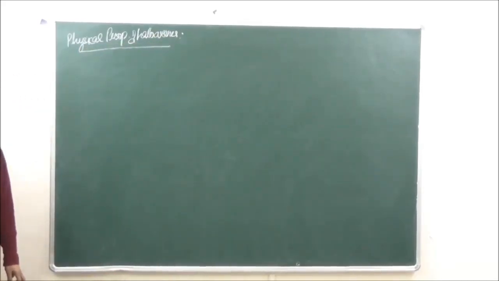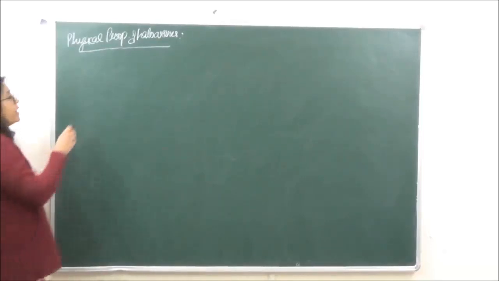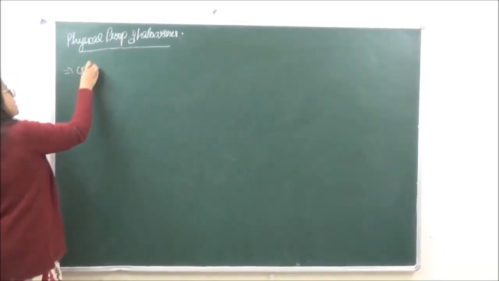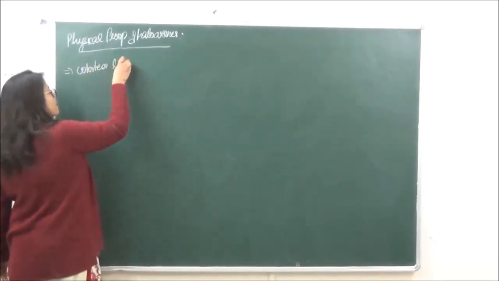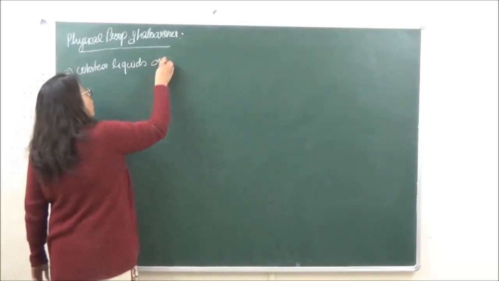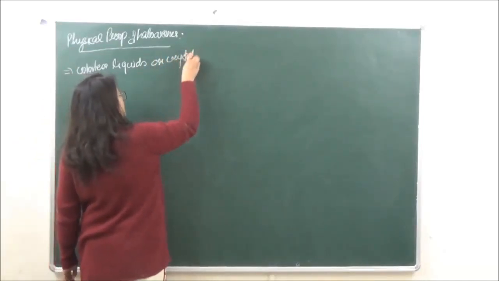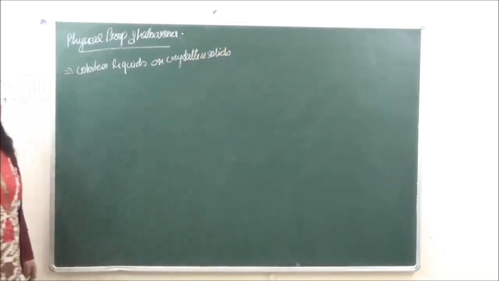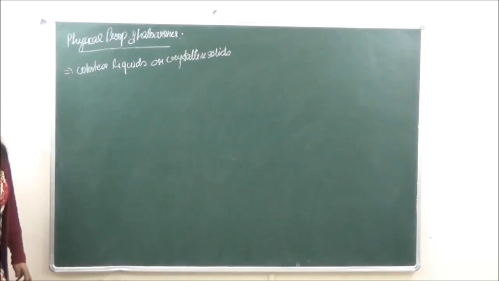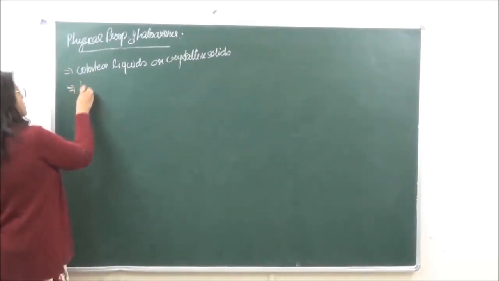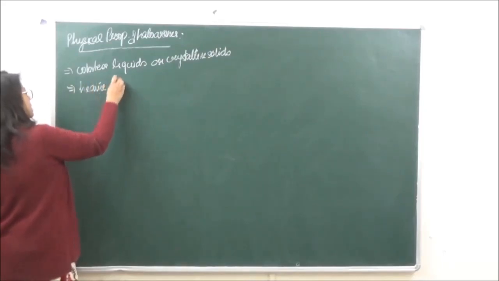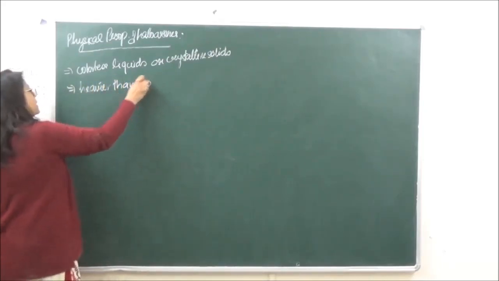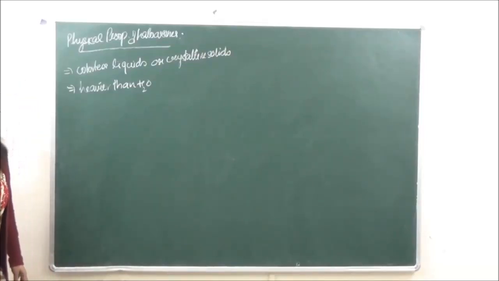Now when we are looking at the physical properties of haloarenes, these are going to be either colorless liquids or crystalline solids. Okay? They are heavier than water. Their melting and boiling points are nearly the same as that of alkyl halides.